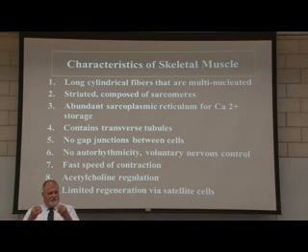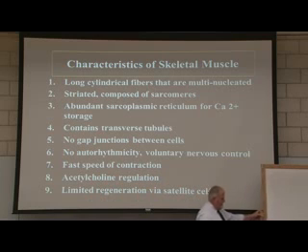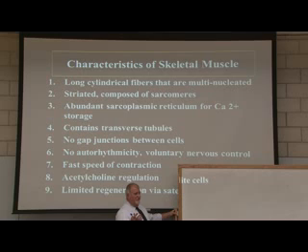So muscle cells are incredibly long cells. They aren't those little round things that we looked at when we looked at squamous cells and cuboid cells and columnar cells at all. They're these giant cells that extend from the tendon of origin to the tendon of insertion.